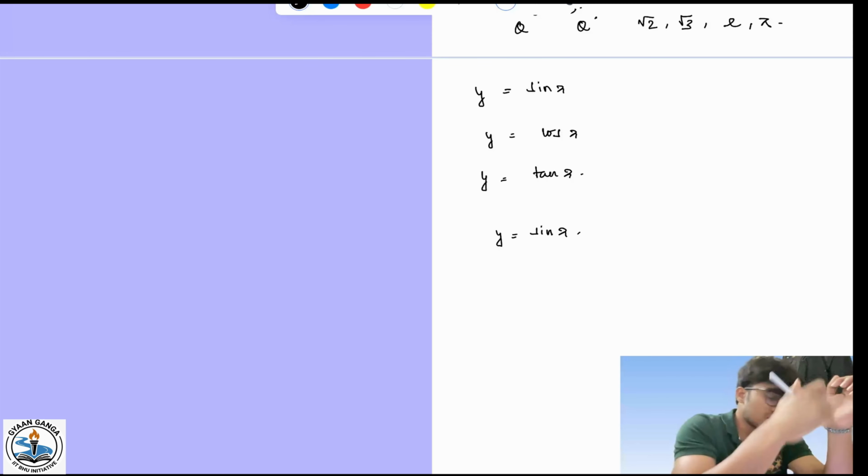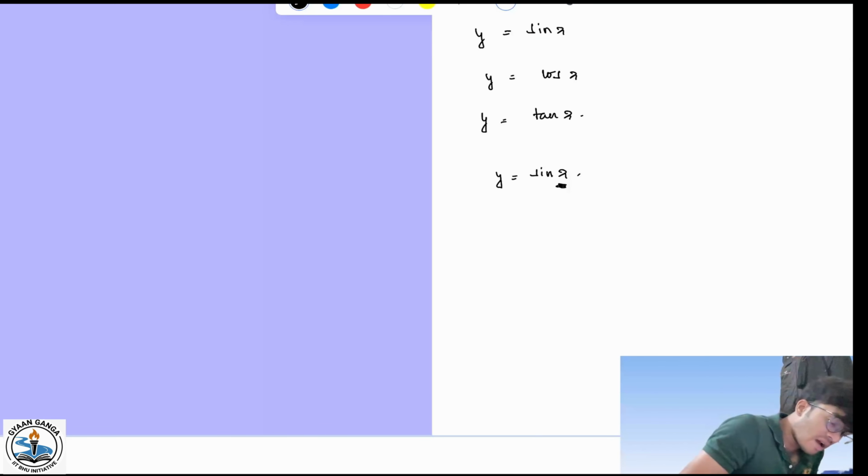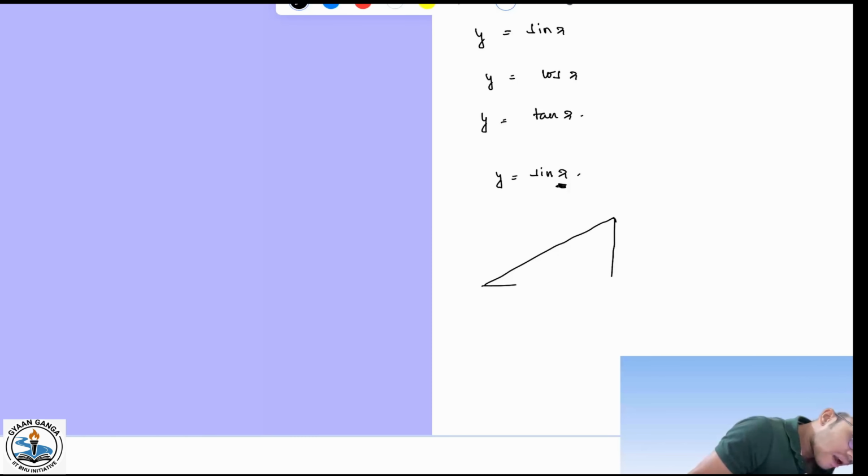Well, obviously, this x is an angle, a degree of rotation. So you observe that, regardless of the size of the right angle triangle, if you have one of the angles as x, then this is the first triangle.